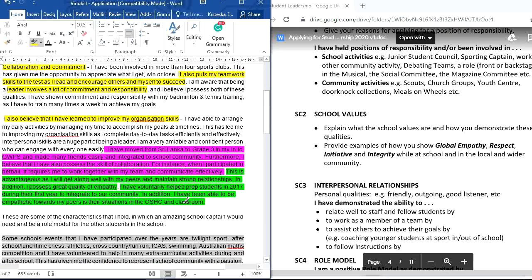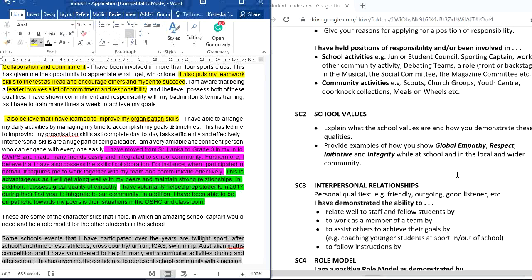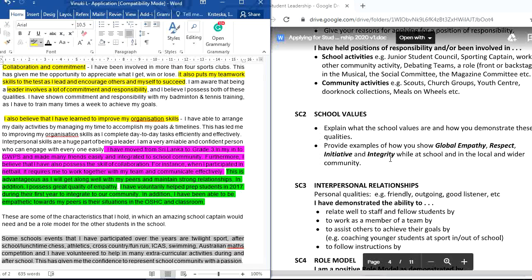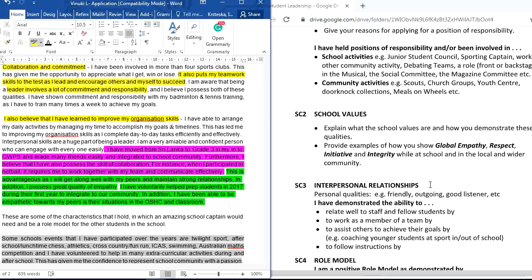They did talk about empathy, however, that's all there was. They haven't really explicitly spoken about respect or integrity. So my feed forward would be really to focus a bit more on the school values, as it is a very important part of the success criteria.